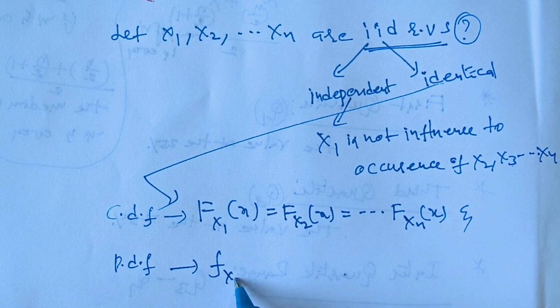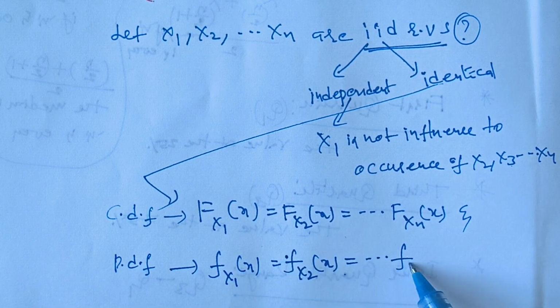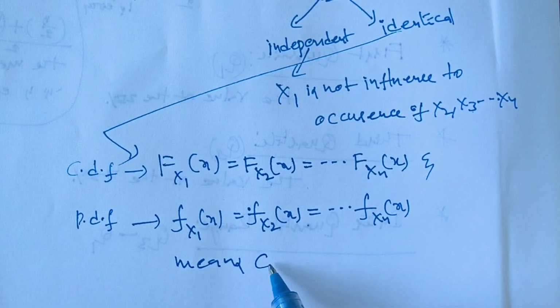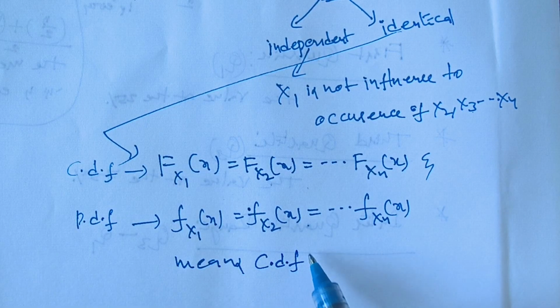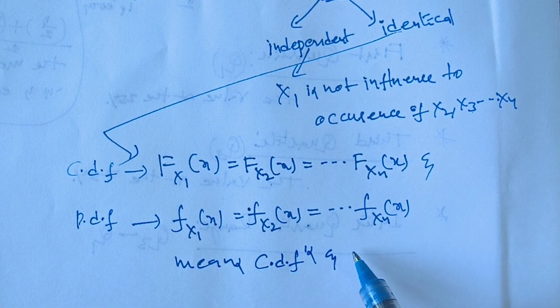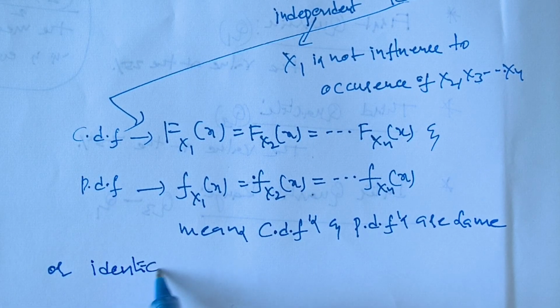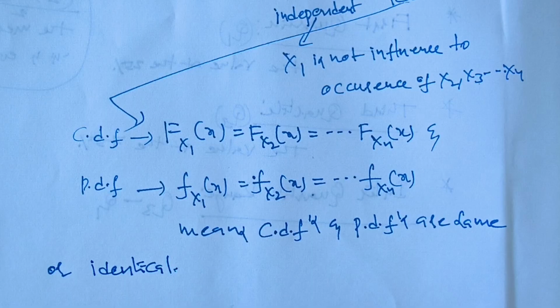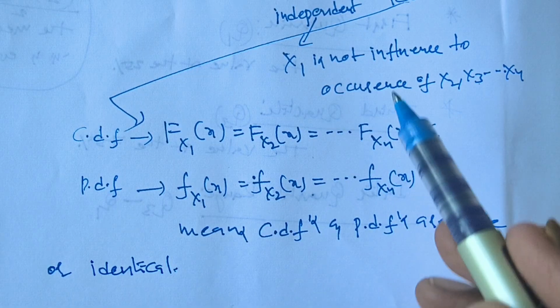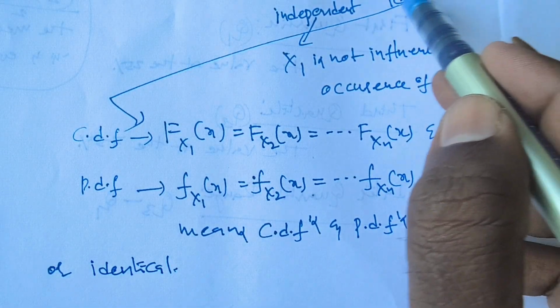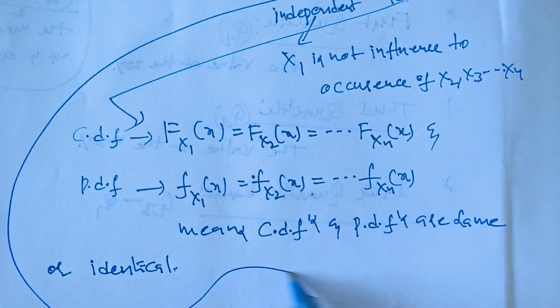The CDF is always denoted by capital F of x. For random variable X1, it is denoted by capital F suffix X1, and the PDF is small f X1 of x. It means all CDFs and all PDFs are the same. That is the meaning of identical.